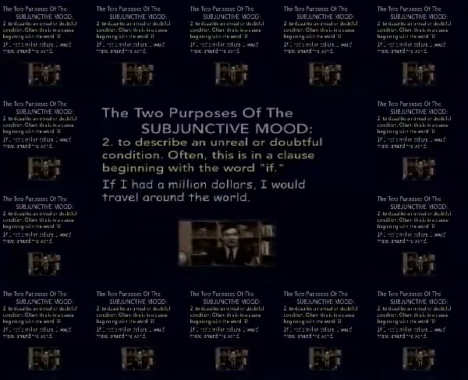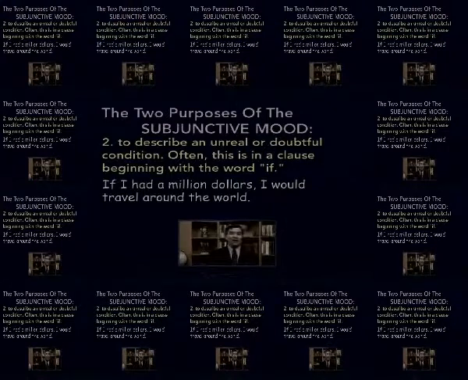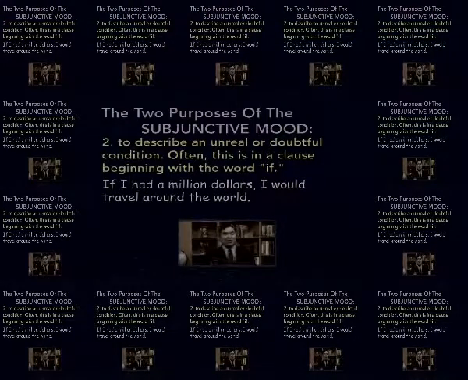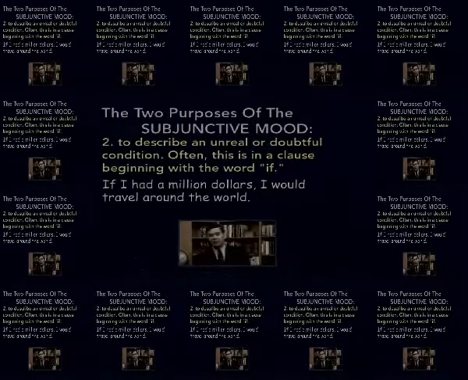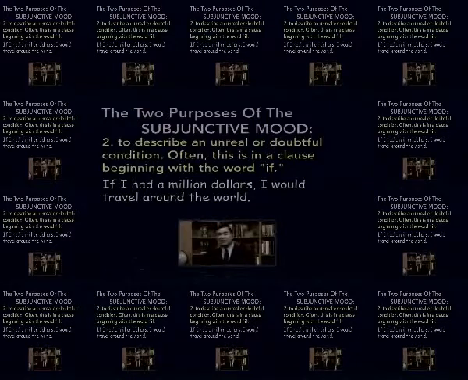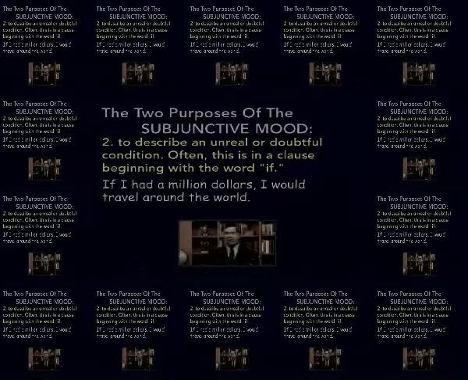Remember, we're talking about describing an unreal or doubtful condition, very often in a clause that begins with the word if. Here's an example. If I had $1 million, I would travel around the world. Now, there are 2 clauses in this sentence. If I had $1 million, and I would travel around the world.